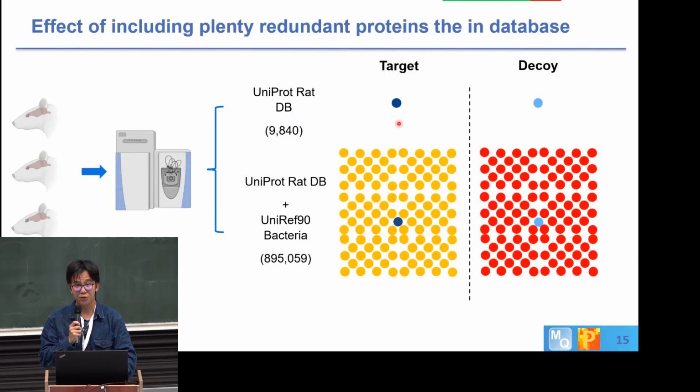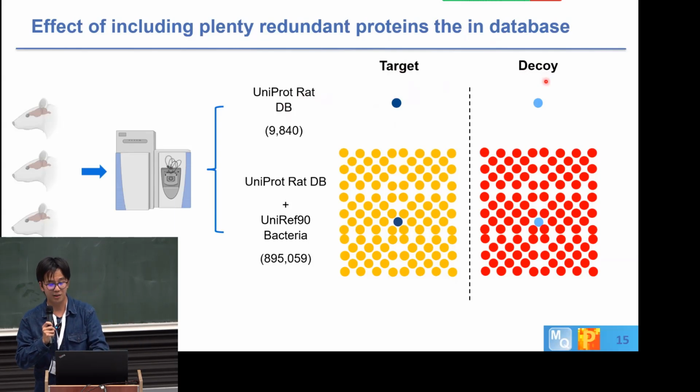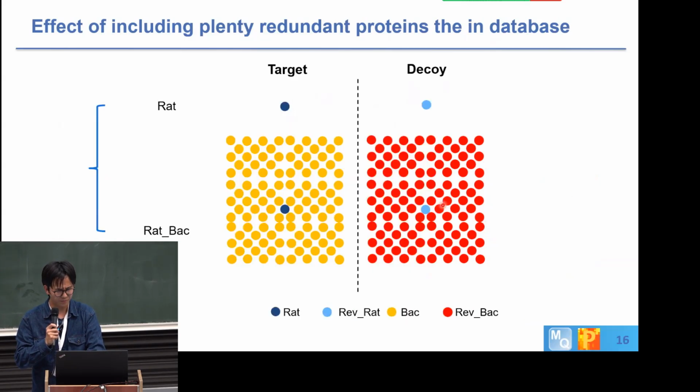For the original one, you have the target database, which is the size of the rat, and when you reverse it, you have the decoy database of the same size. That's the same case if you do the database search against the rat with a bacteria database. So the size is about 100 times greater.